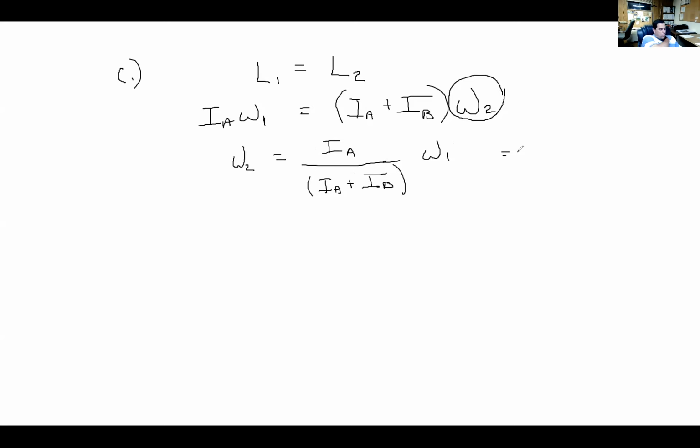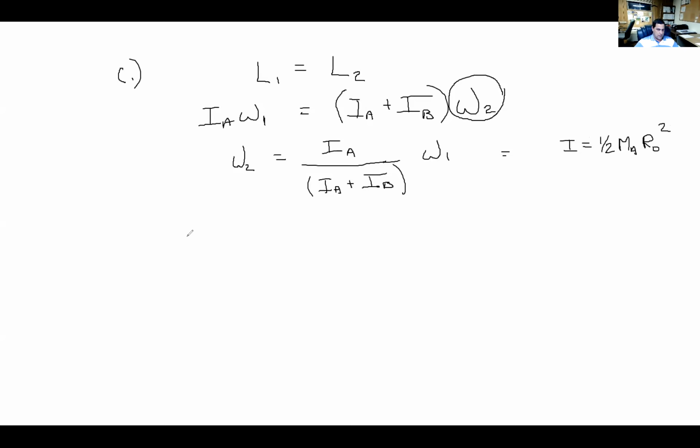So if I look at this, right, your moment of inertia is equal to 1/2 m_A r_0 squared.